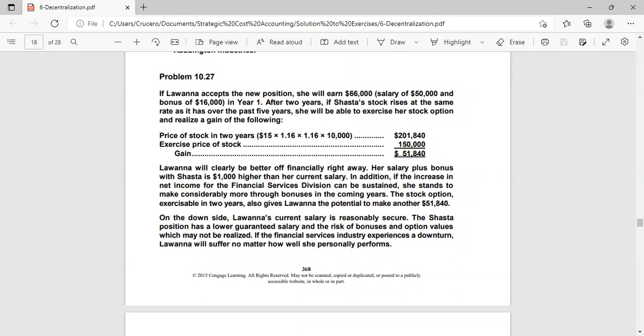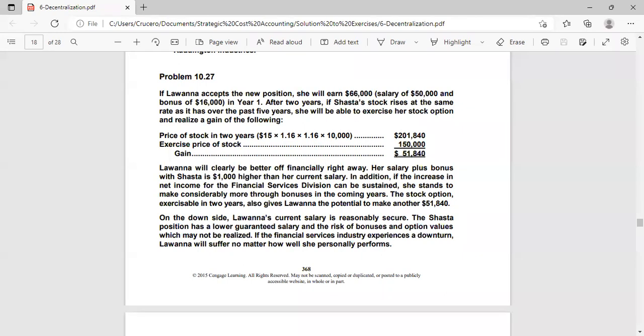So the price of the stock in 2 years will be equal to 15 this year, and we multiply it by 1.16 next year and 1.16 the year after, times 10,000 shares. So it will be 201,840. That will be the price of the stock 2 years after.